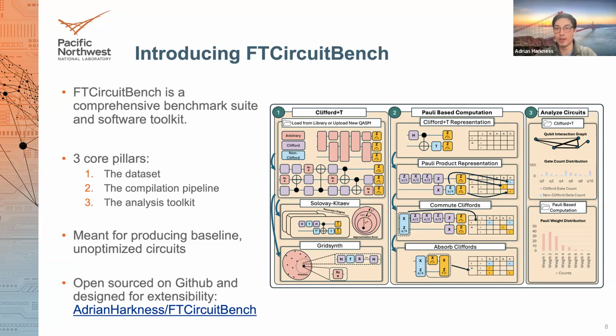I could say we abstract away the actual hardware, but we compile to logical circuits in Clifford+T and Pauli-based computation. And you can think of each of these computational models as being particularly suited for maybe the surface code and the gross code, but they can certainly run on other codes as well. So we've abstracted that part away.